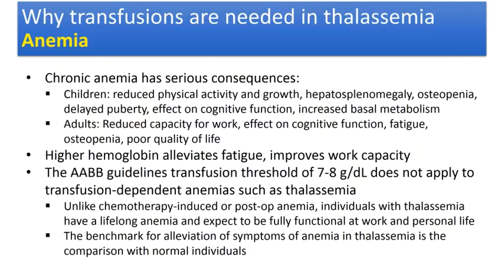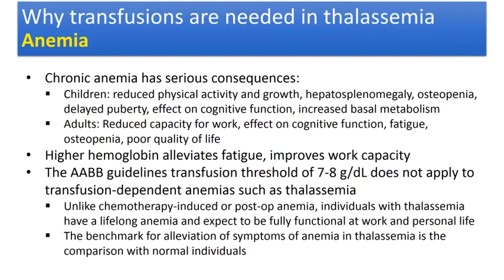It is evident that higher hemoglobin will alleviate fatigue and improve work capacity. There are general guidelines published by many different societies, including the AABB, the Blood Bank Society, which presents a transfusion threshold of 7 to 8 grams in hospitalized patients.